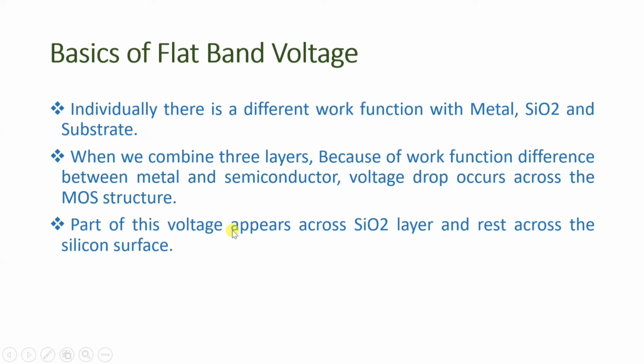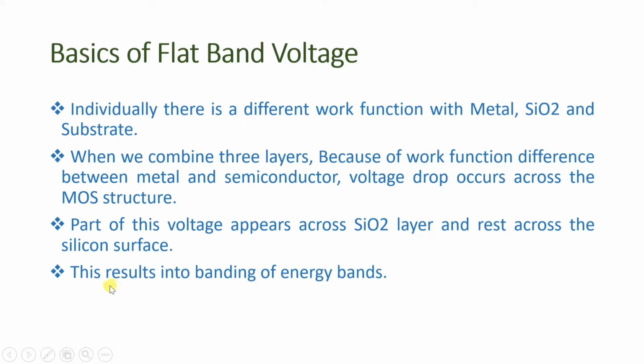That voltage drop appears across the SiO2 layer as well as across the silicon surface. If you nullify this voltage drop by applying a biasing voltage between the gate terminal and substrate terminal, then you can avoid the banding of the band which is happening in the substrate layer.